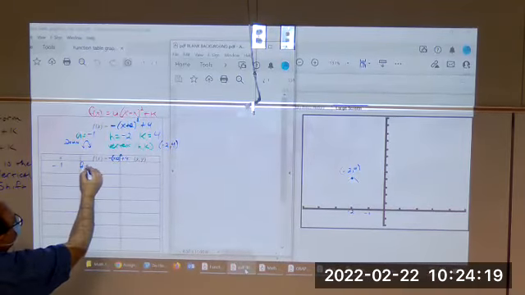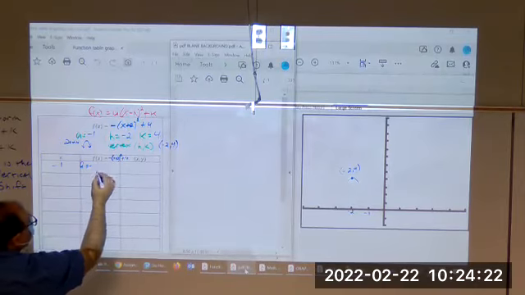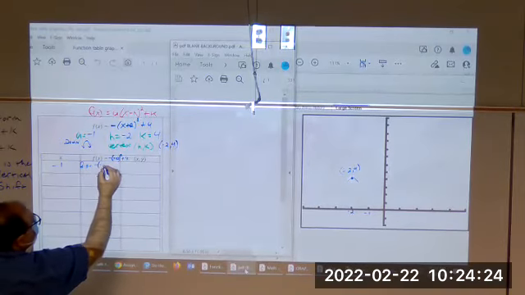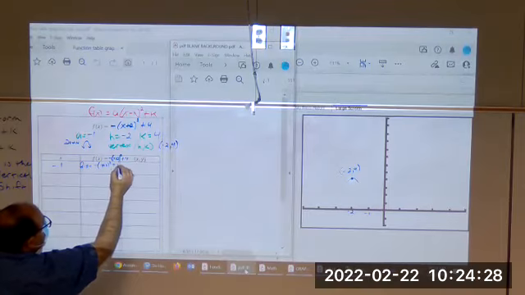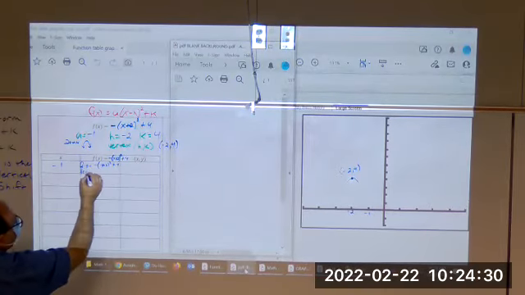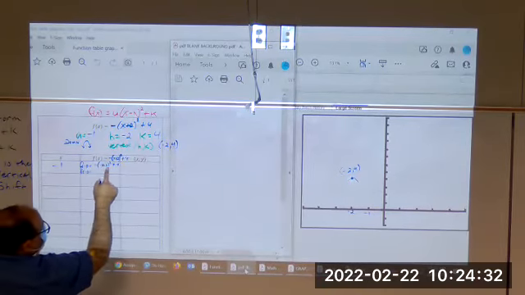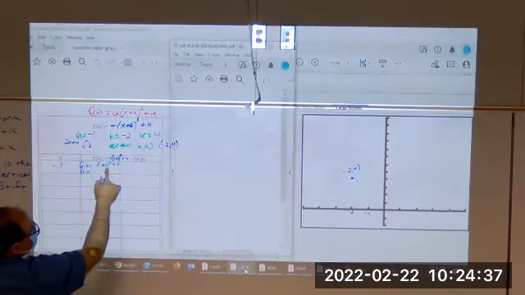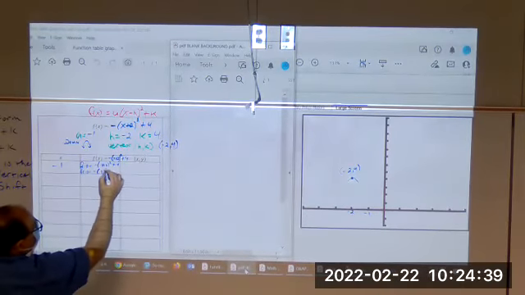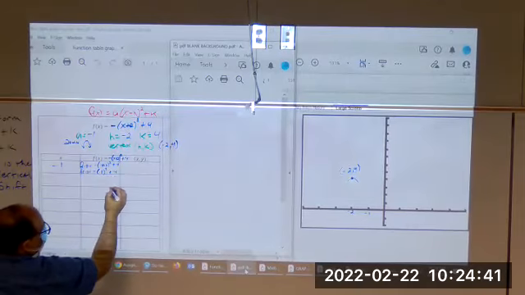F of -1 is negative parentheses -1 plus 2. We're going to square that, and then we have 4. Parentheses first. Bring down the negative. -1 plus 2 is +1 squared, and then +4.